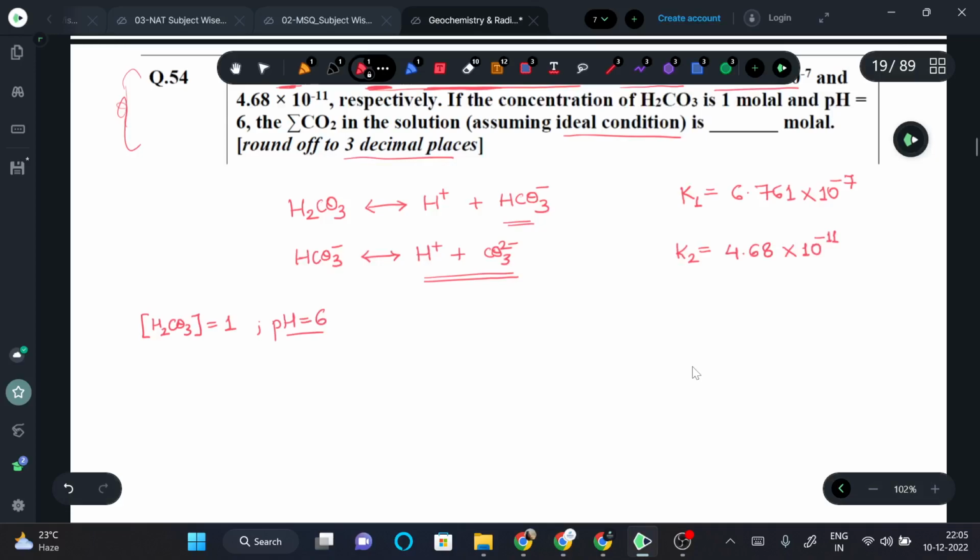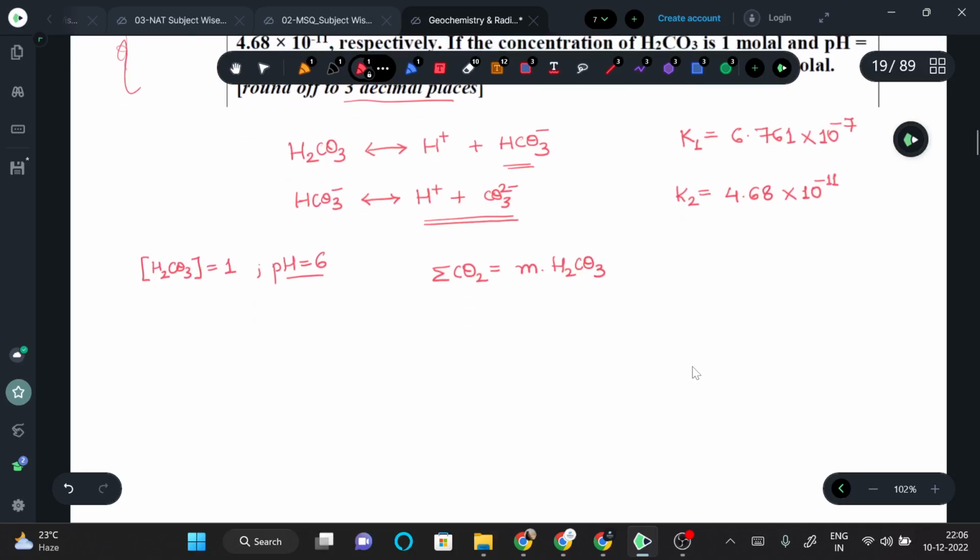Issue maybe by mistake. So we take summation CO2, it is asking. This is totally dependent on H2CO3, the initial compound that we have for dissociation. Now in this H2CO3, what will it depend upon? It will be a combined effect of HCO3 minus plus CO3 2 minus.